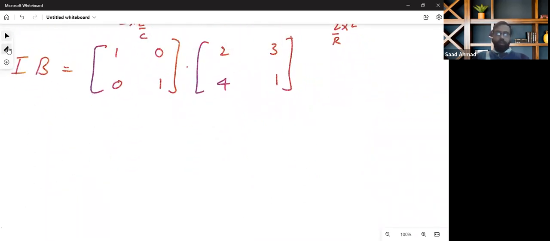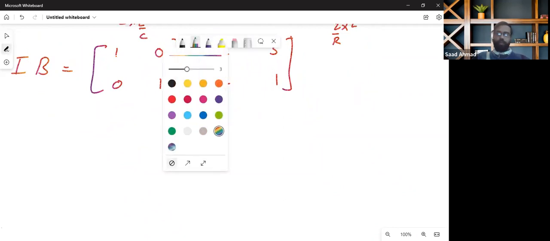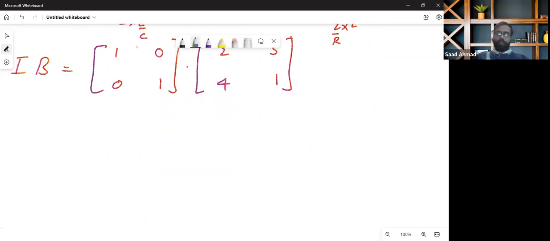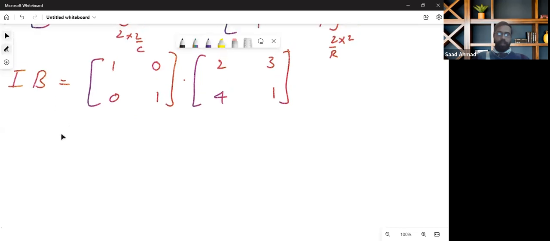So we will follow the rule that we decided. We take the first row of the first matrix, and then we multiply it with the first column of the second matrix.